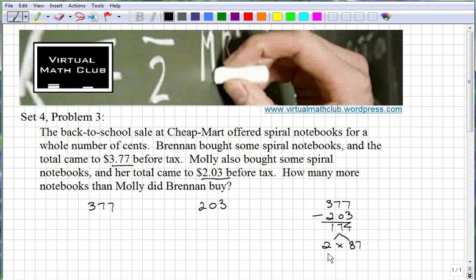Now, 87, if you add the two digits, 8 plus 7, you get 15, so you know that this has to be divisible by 3. So that ends up being 3 times 29. Okay? And 29 is a prime number.